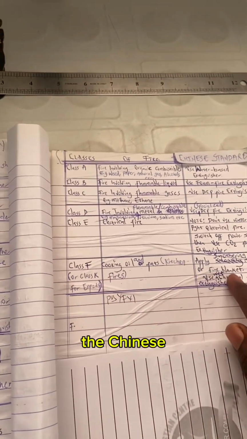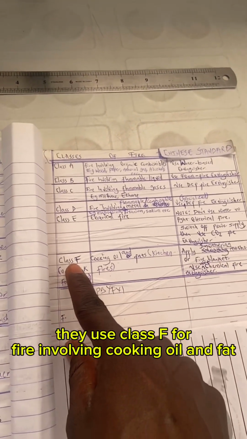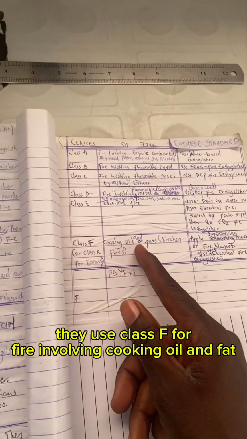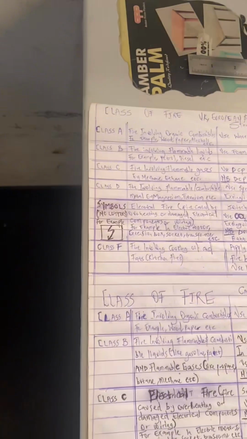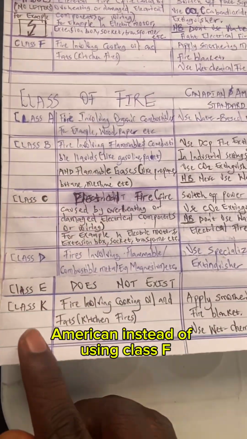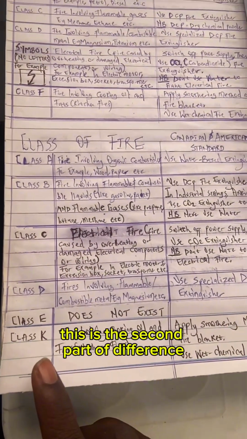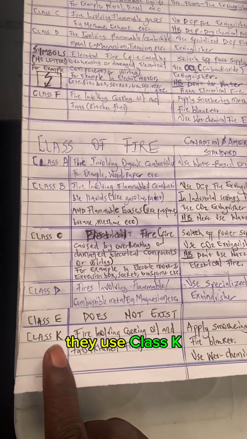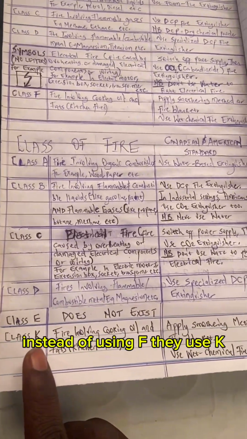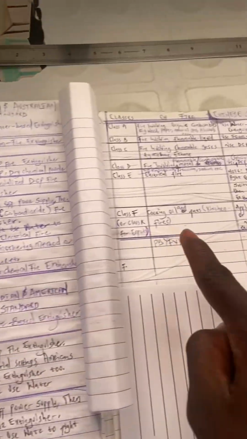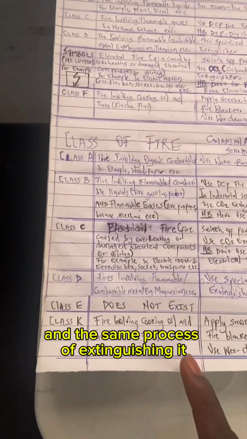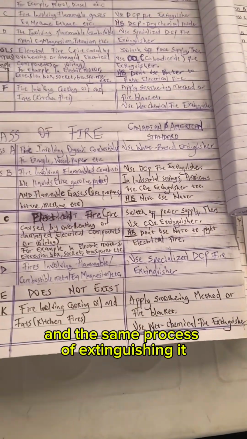But they themselves use class F for fire involving cooking oil and fat. The UK uses class F. The Americans, instead of using class F, use K. Can you see it is the same fire involving cooking oil and fat, and the same process of extinguishing it.